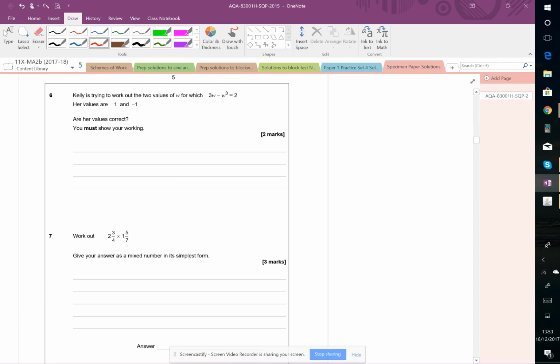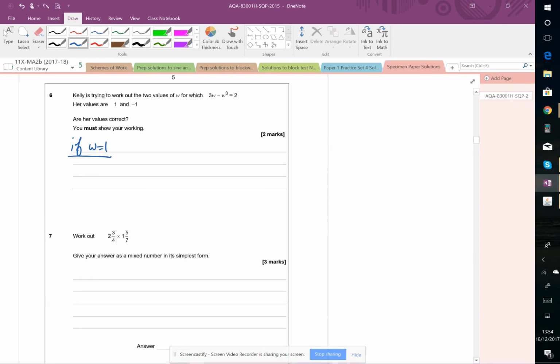Question 6. Kelly is trying to work out the two values of W for which 3W minus W cubed is 2. Her values are 1 and -1. Are her values correct? Okay, well, let's try them. So let's try if W equals 1.